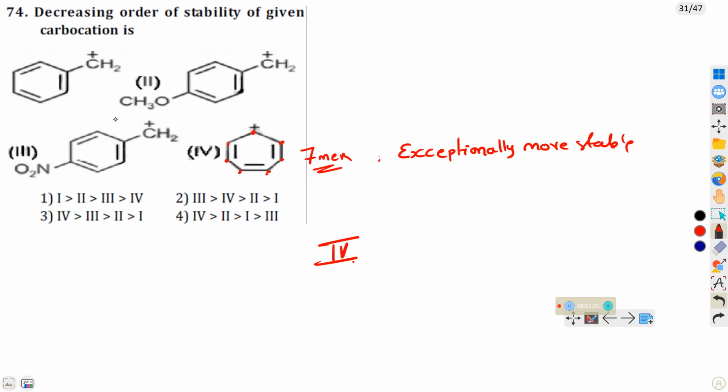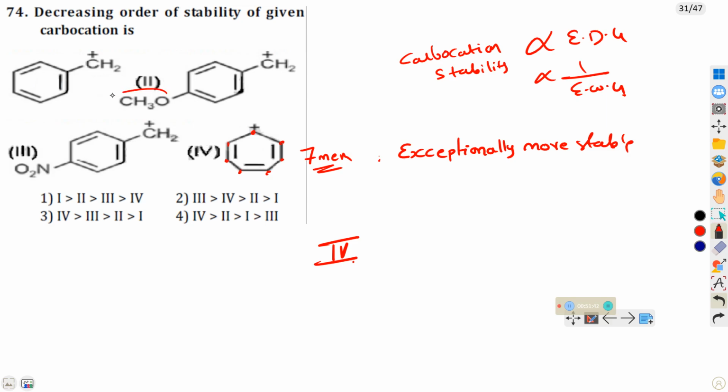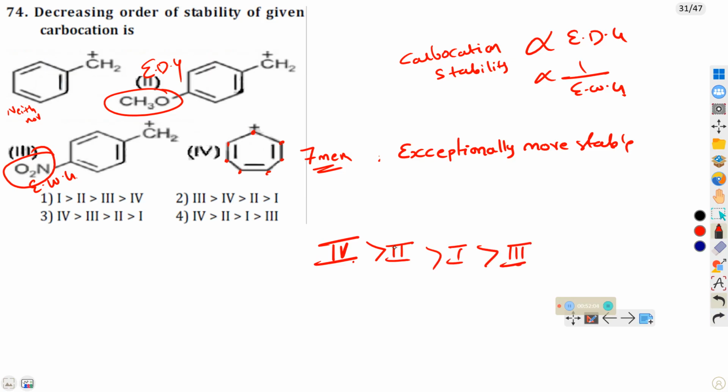Now, carbocation stability is directly proportional to electron donating groups and inversely proportional to electron withdrawing groups. OCH3 is an electron donating group, NO2 is an electron withdrawing group. Here it is neither. So 4 after 2, 2 after 1, 1 after 3. Fourth option is correct.